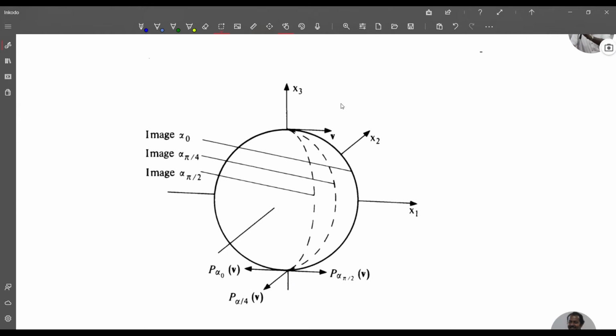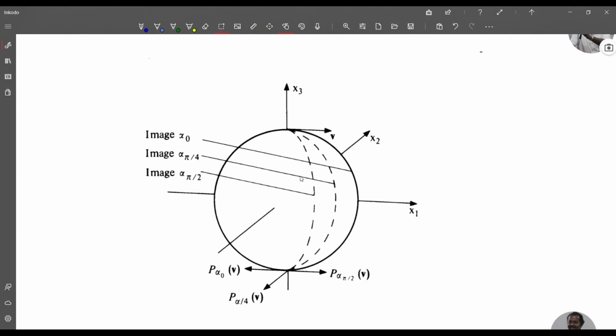So this vector is translated to this vector under P. Similarly, if alpha pi by 4 is this curve, then V is translated to this vector, P alpha pi by 4 of V. So this vector is the transport of this vector along this curve.